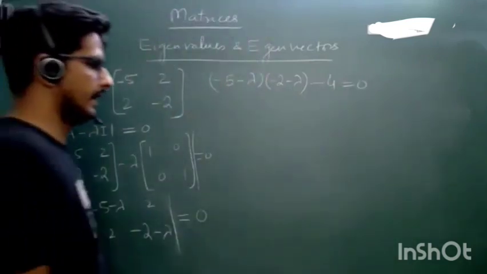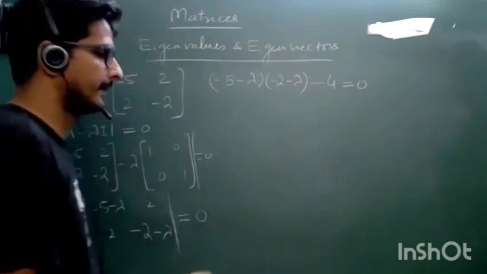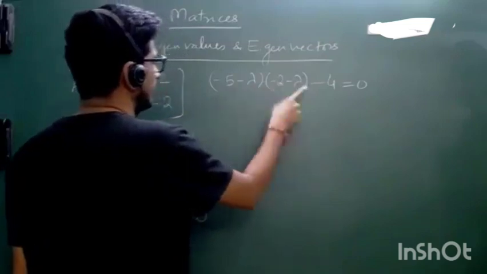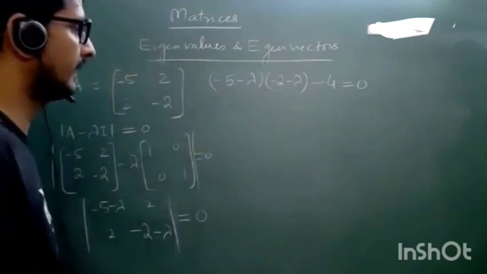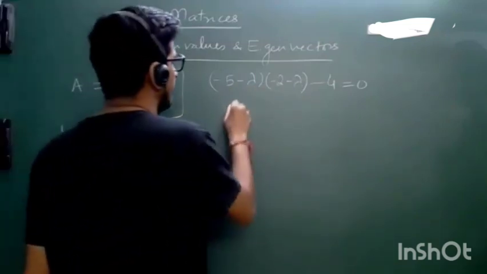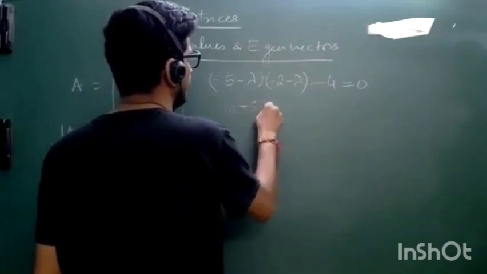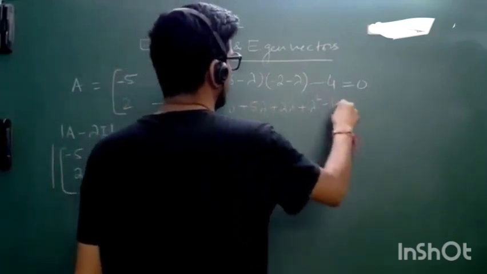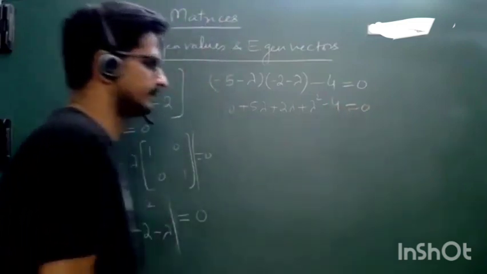Okay, and this will become, so this all will become positive because I can take, so it will become 10 plus 5 lambda plus 2 lambda plus lambda square minus 4 is equal to 0.